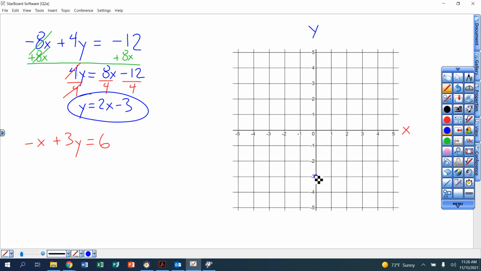Now looking at that number in front of x, if it's not written as a fraction, write it as a fraction over 1. If it's written as a fraction, you have your rise and run already. So from negative 3, right 1, up 2. Right 1, up 2.